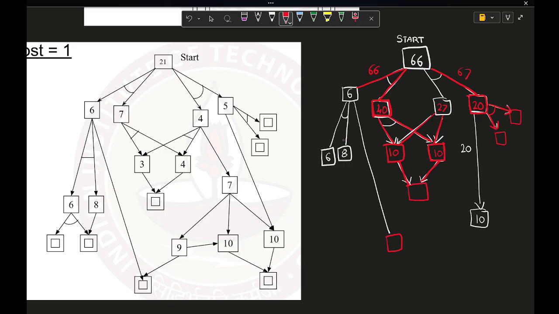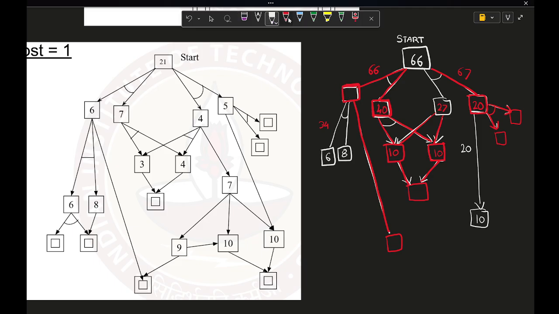So the cost from the left hand side is 6 plus 8, 14, plus 20, 34. And the cost from the right hand side is 10. So it would pick this one, it becomes solved by itself, and now even this thing is solved.